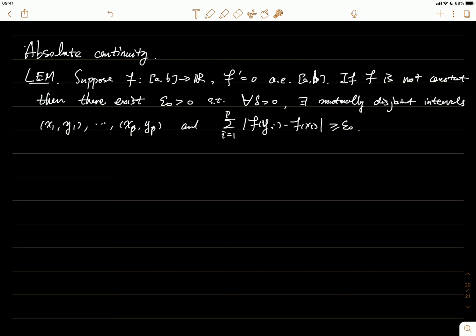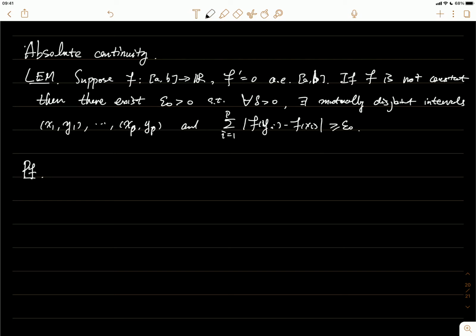But if f is not constant, then there must be some epsilon 0, such that no matter how small the delta is, there exist mutually disjoint intervals x1, y1, x2, y2, up to xp, yp, such that the sum of the absolute values of differences evaluated at the endpoints of these intervals is greater than or equal to epsilon 0. Okay, so that's the lemma.